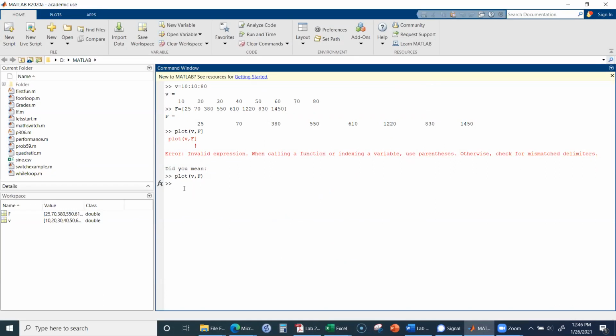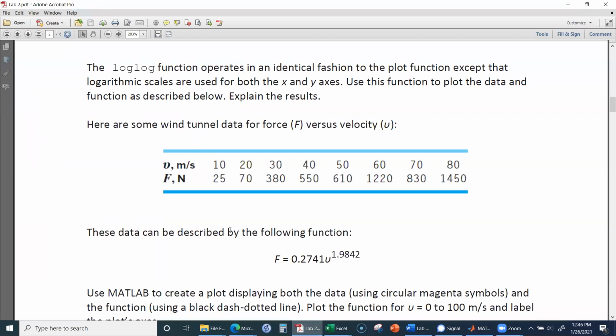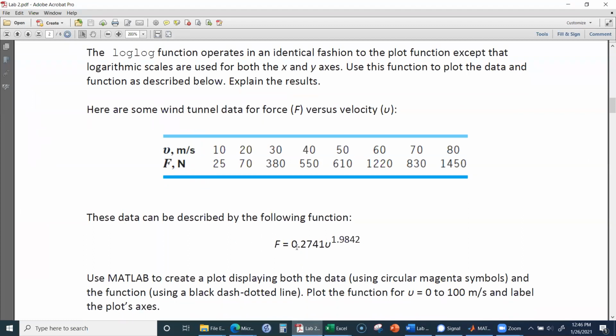So what I wanted is a log command. And in this case we have this force vector as well. So this is the measured data, and then this is the predicted data.